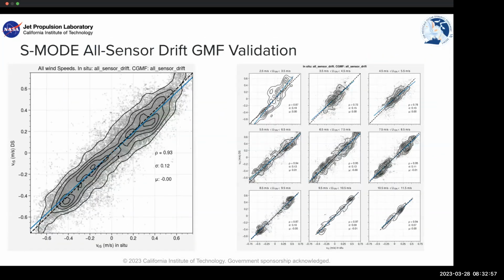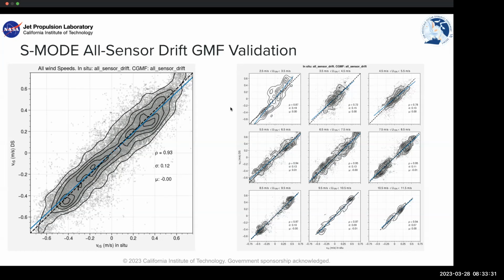And we compare against all the in situ observations. On the left is how well things compare when you have the Doppler scat radial velocities after correction versus the in situ measurements, all of them bunched together. They have a correlation coefficient of 0.93 and a standard deviation of about 12 centimeters per second. So we'll come back to that. And basically, it's an unbiased estimate.